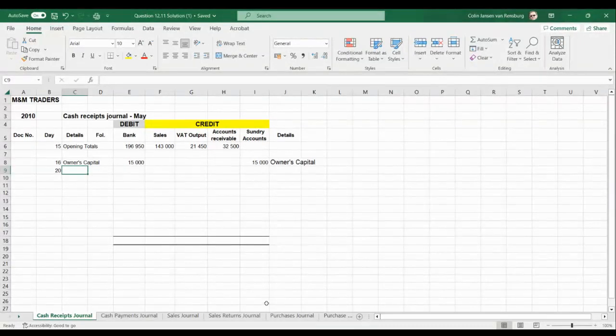So we need to record that person's name. So let us just go see. It was a funny name there, T3, right? So T3 is the person and it's 753. And the amount that they paid us was 753.